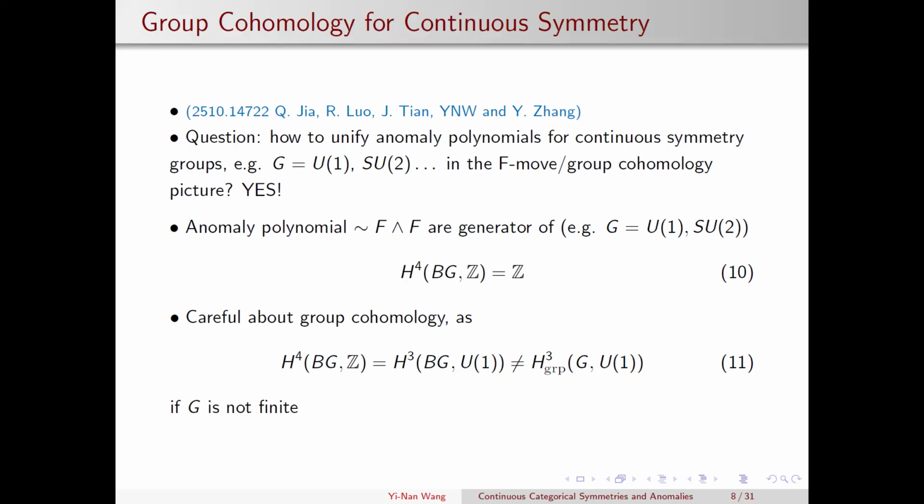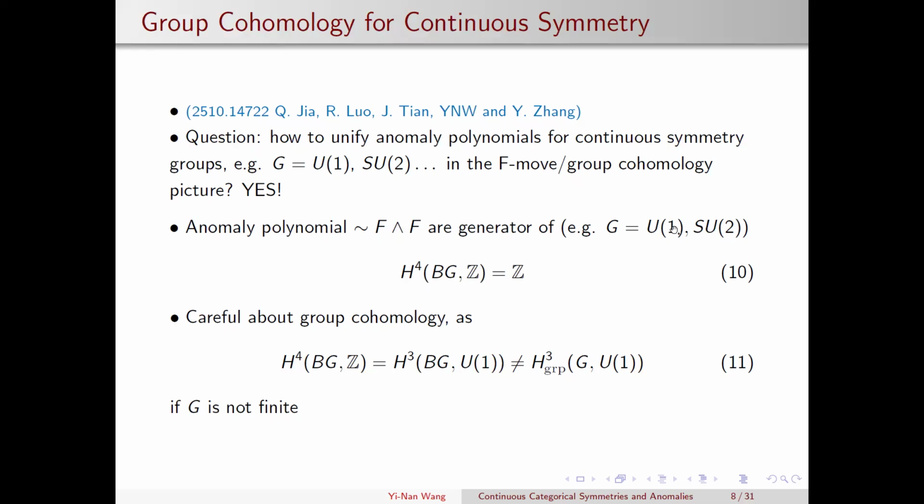Then for finite groups, the anomaly is described by group cohomology, which is physically described by the F-move. Then can we unify the Lie group case in that picture? It's a very natural question, and our answer is yes, but there are some details and subtleties in it.